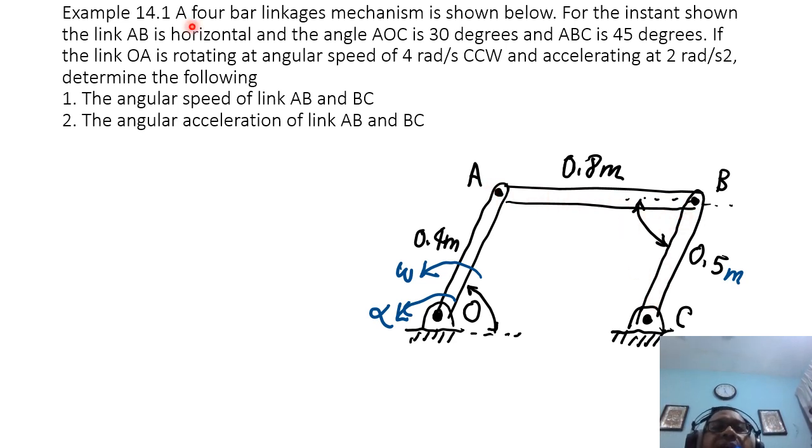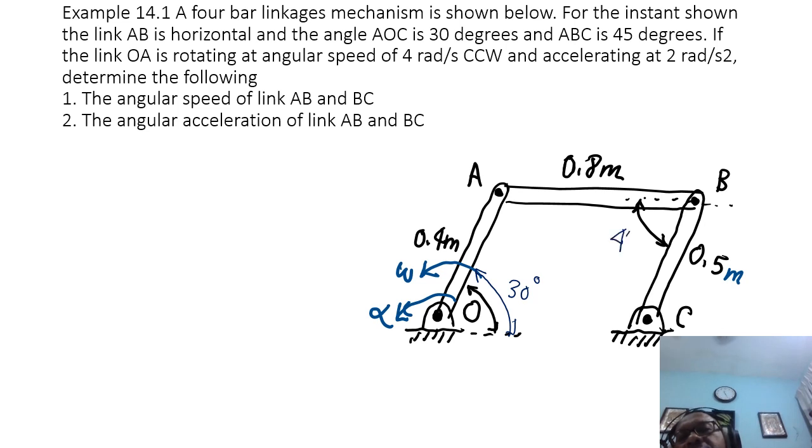So let's read again the question. The link AB is horizontal, so parallel to OC, and the angle AOC is 30 degrees, so let's draw that 30 degrees here. And the ABC is 45 degrees.